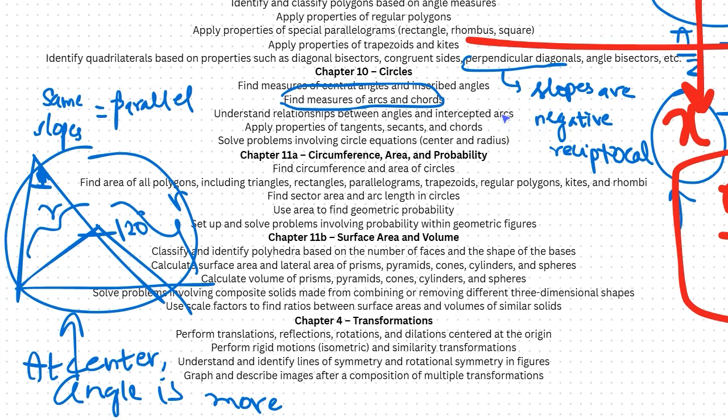Understanding relationships between angles and intercepted arcs, tangents, secants, and chords, circle equations. Okay, intercepted arcs. I have shared the notes. In that also there is a formula.